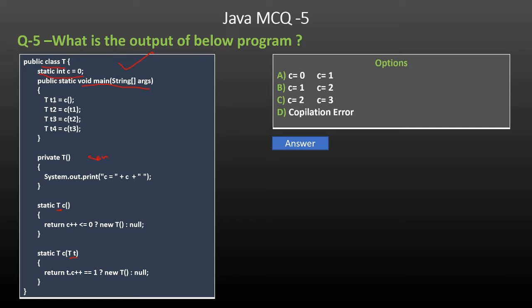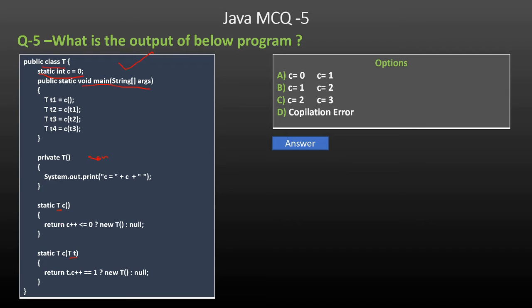As you can see, we are trying to call this C method here, and then we are trying to store this instance inside T1. In the first statement, C will get called, and it's a static method.